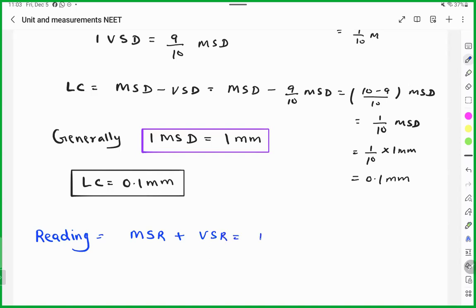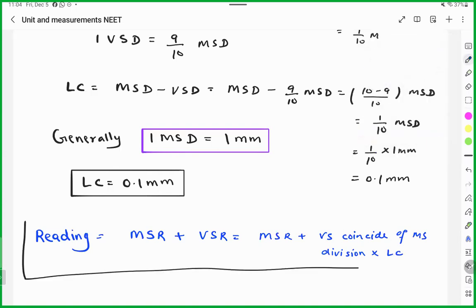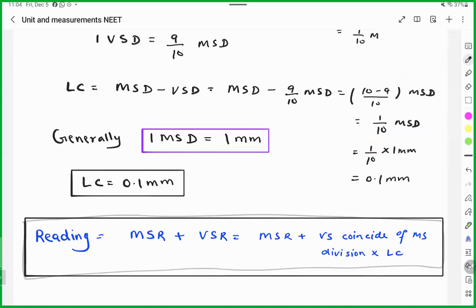In case of the Vernier scale, you check where the Vernier scale coincides with the main scale division, multiply by least count. And this part is done. This is how we calculate the reading of the Vernier scale.